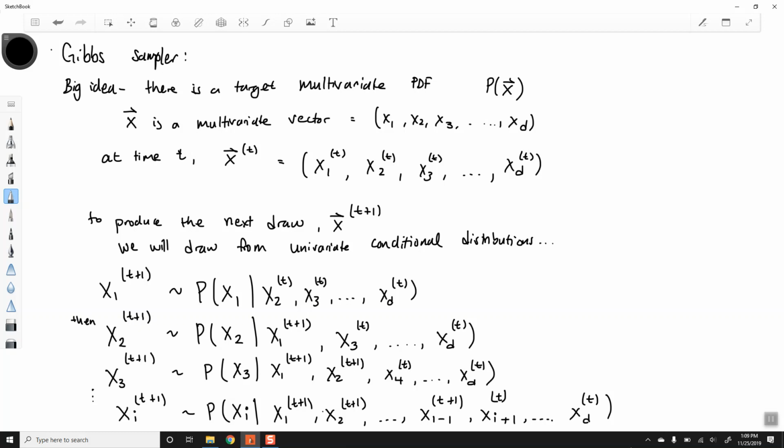For some well understood distributions, like the bivariate normal, it's relatively easy to break apart into univariate conditional ones. But for other distributions, breaking it apart into conditional distributions is a challenge, so finding each of these conditional distributions can become tricky.